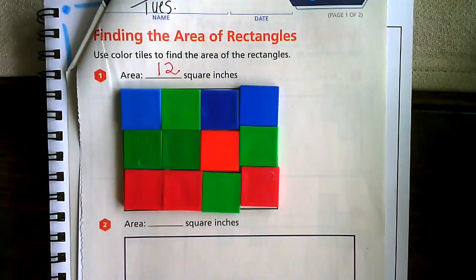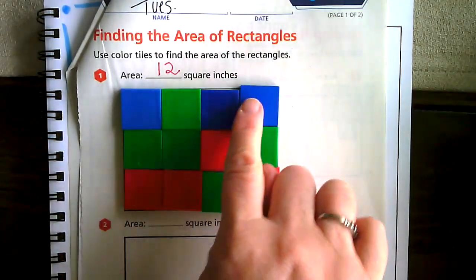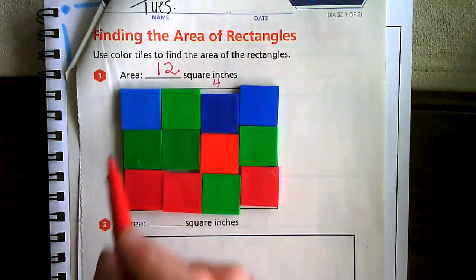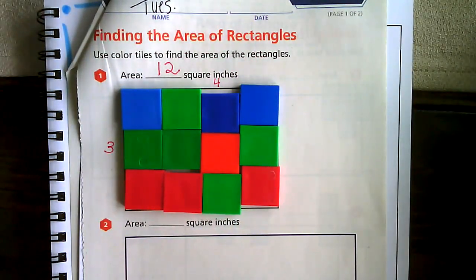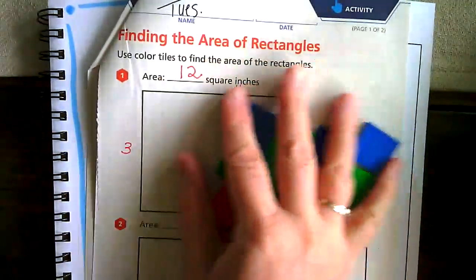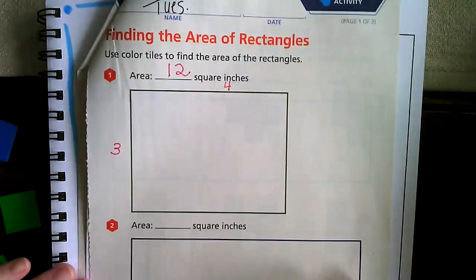Now you could do this at home. We know there are 4 across the top, 1, 2, 3, 4, and 3 on the side. We would have said that this is an array that has 3 rows with 4 in each. You could draw that.